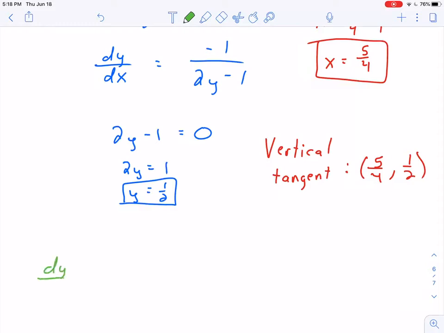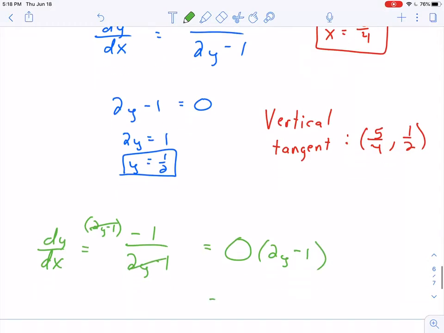So dy over dx is equal to negative 1 all over 2y minus 1 is equal to 0. Well, I can't solve with this in the denominator, so we'll multiply both sides by 2y minus 1. On the left-hand side, those two cancel. On the right-hand side, 0 times anything is just 0.